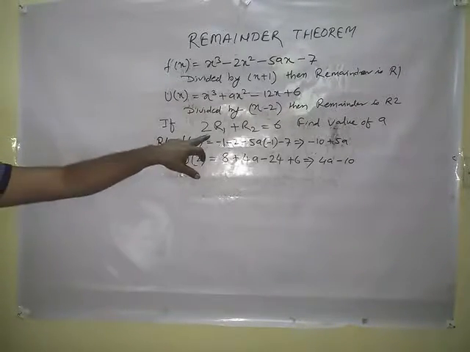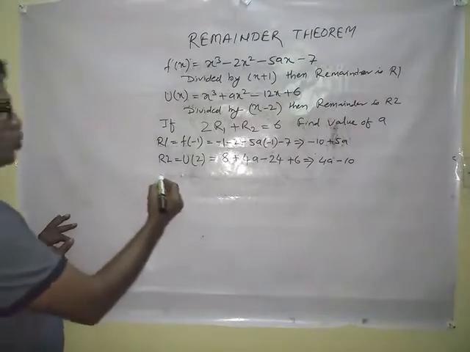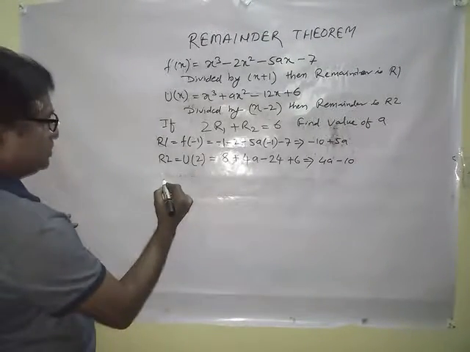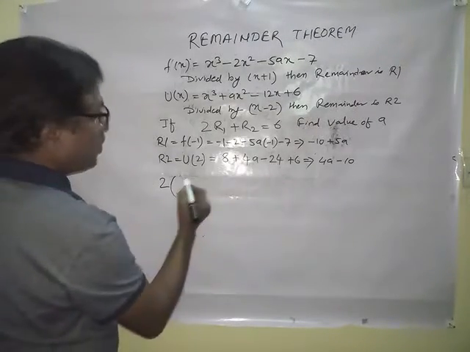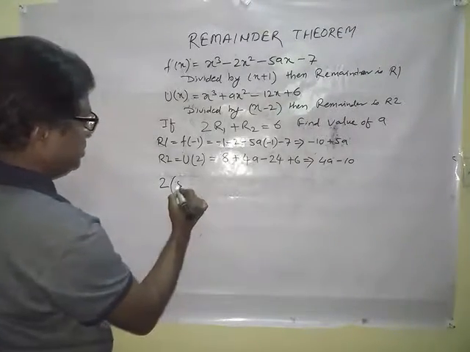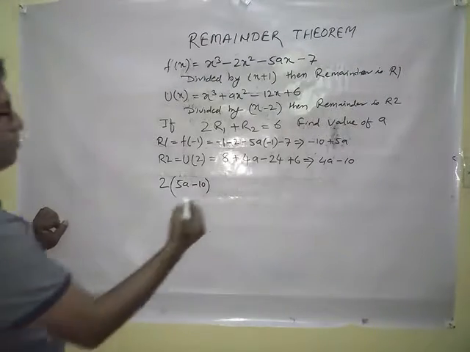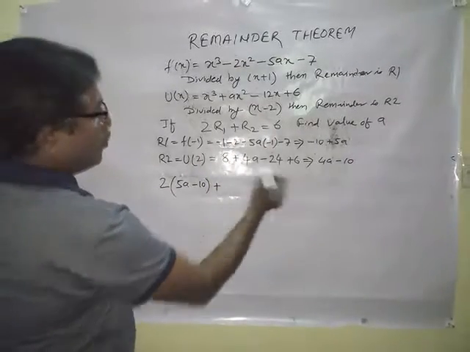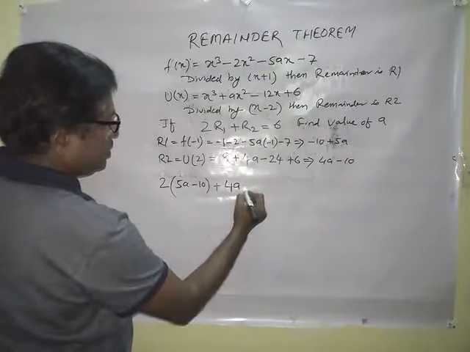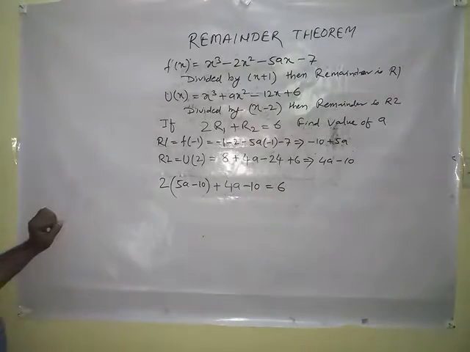Now it is given that 2R1 plus R2 is equal to 6. So apply this equation. 2 multiplied by, I am just reversing it, 5a minus 10 plus R2, 4a minus 10 is equal to 6.